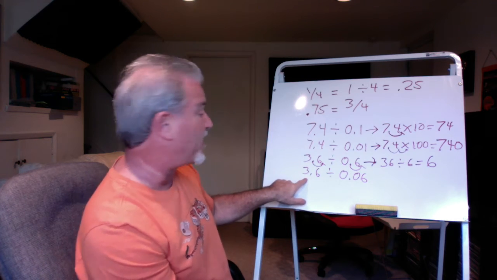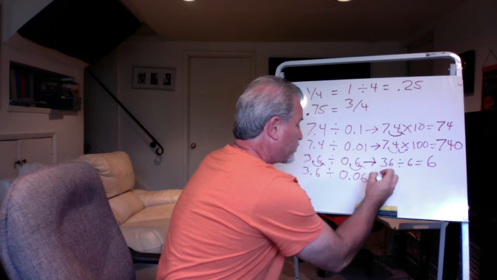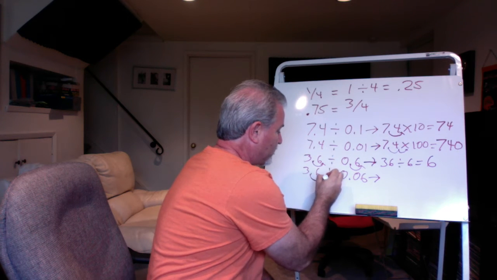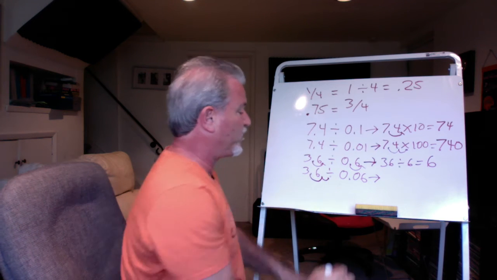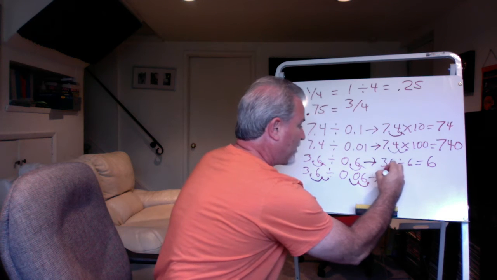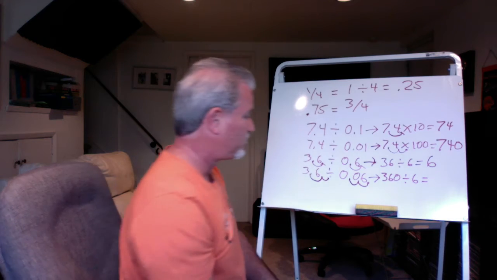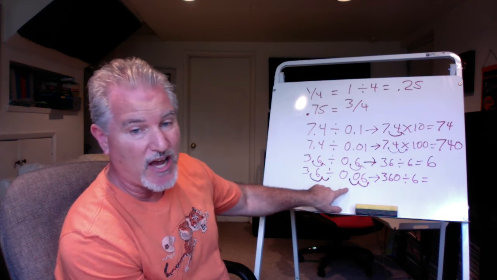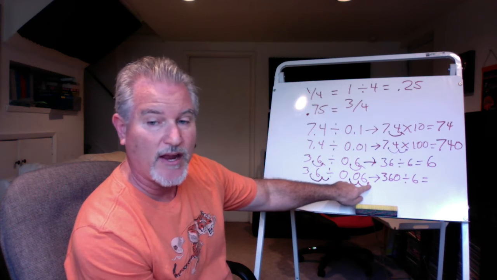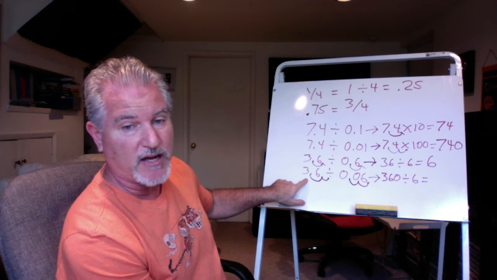Same thing with this one, except this is 6/100ths. So we're going to move each of the sides 2 spots, and we're going to end up with 360 divided by 6. Because this is hundredths, not tenths, we move the decimal 2 spots to the right, and by the same token, we move the other one 2 spots to the right.